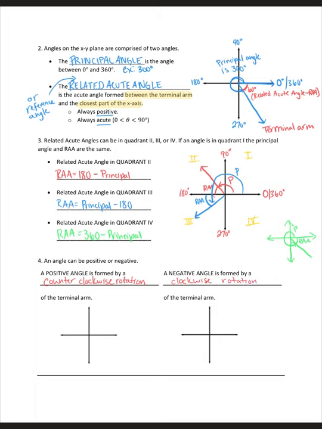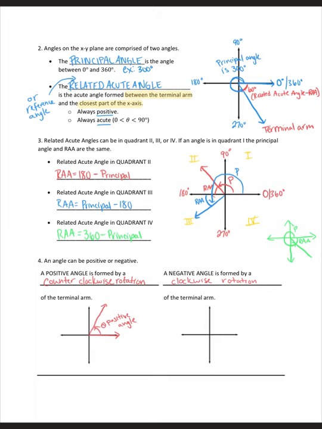So let's say that we draw our initial arm here on our x-axis. And then if we wanted to draw our terminal arm somewhere up here, if we went from our initial arm to our terminal arm this way, then we would say that theta is a positive angle because we rotated counterclockwise from our initial arm to our terminal arm.